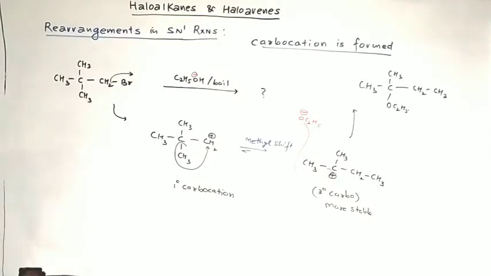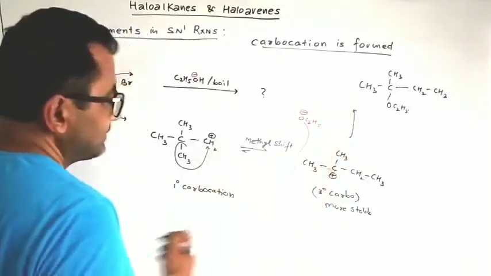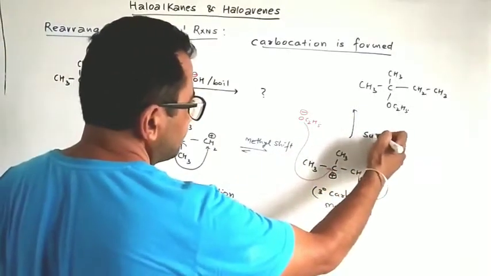But here you can see that when a 3 degree carbocation is formed, it can react in 2 different ways. One is that your nucleophile attacks, so this is your substitution reaction.